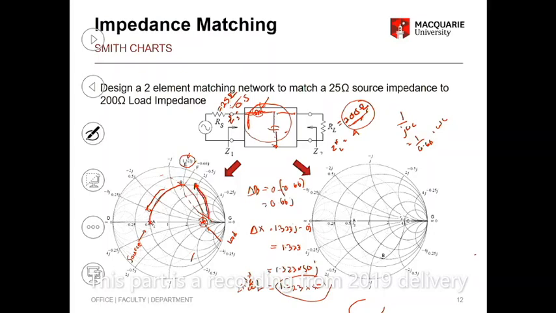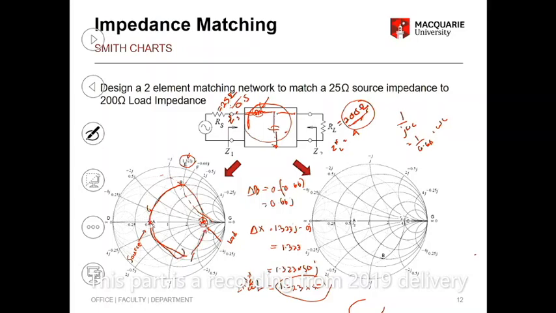So, before I go to that, you have two ways of solving this, right? Even if you're going from source to load, you could do it in this path. I follow the circle, then I follow this path.